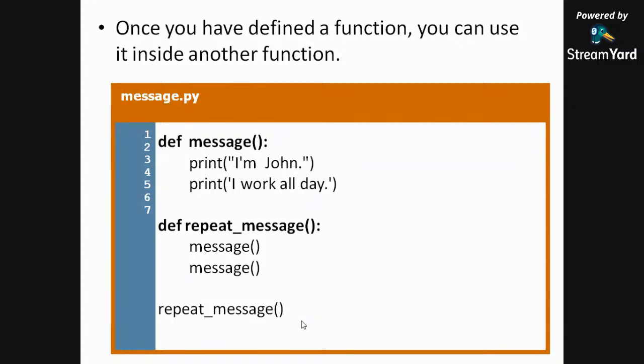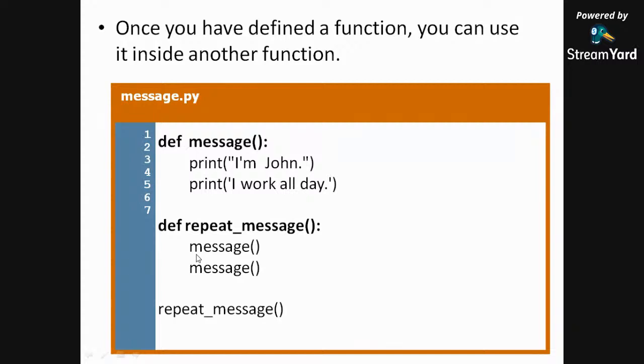Anyhow, you are calling it in the second function, so you directly call the second function, then automatically the Python interpreter first executes this repeat message function, then the first message function call is executed. So then automatically control goes to this message function. Then it prints I am John, I work all day.